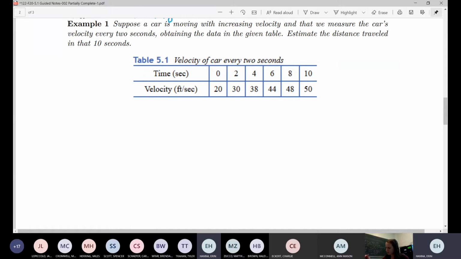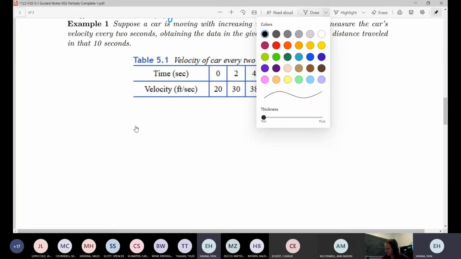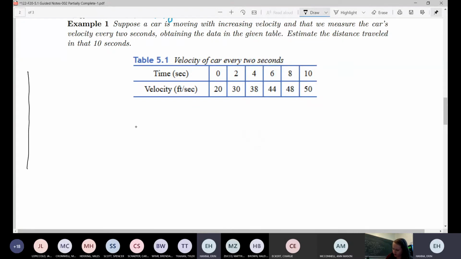Anyway, you don't always have to draw the situation out, but to make sure we know what's going on here, I'm going to go ahead and draw out the function for this one. So you've got 2, 4, 6, 8, 10. Again, this is not a necessary step, but I think it'll help demonstrate what we're doing since we're still just learning it.